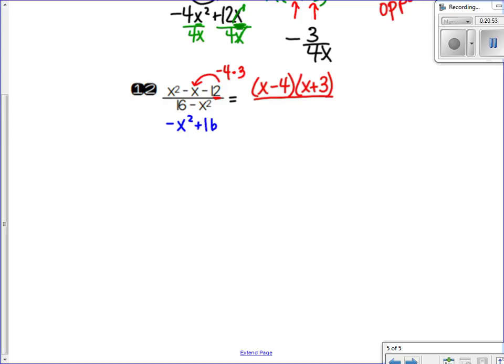So we got to factor that guy out. So let me factor out a negative 1 to begin with. Let me go ahead and pull a negative 1 out of this. Negative 1 times x squared minus 16. Because when I do this, that turns my second one into something I can factor as a perfect square factor. That would be x plus 4 and x minus 4.